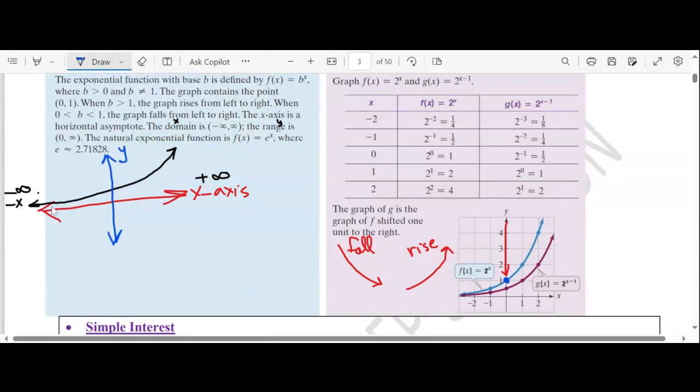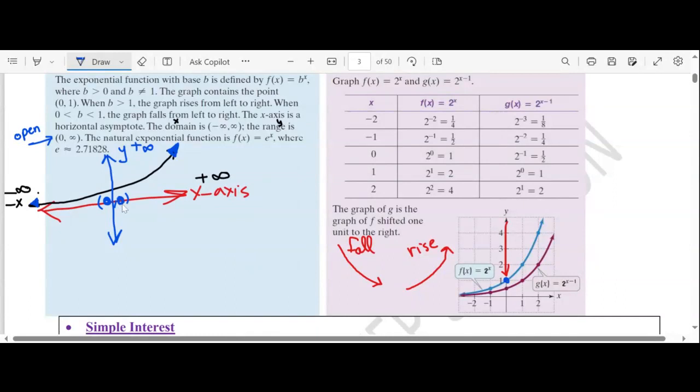It's coming closer to the x-axis, which is 0, right? It's not reaching 0, so that's why it's open here. You see this open? And going to infinity, because up is infinity for y. As you can see here, it's going up to infinity, and it's coming closer to 0.